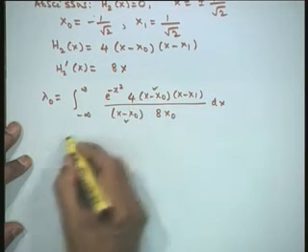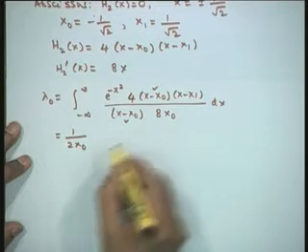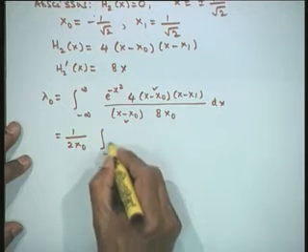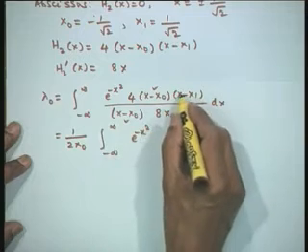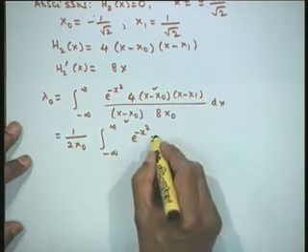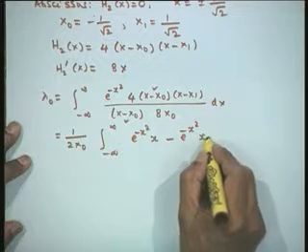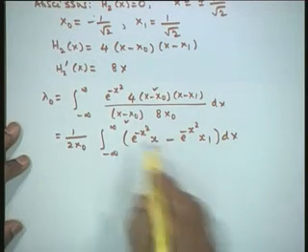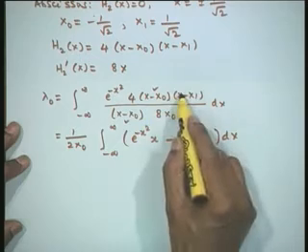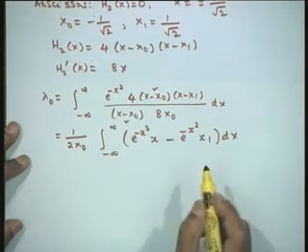Let us take this constant outside. So, I will have 1 upon 2 times x0 coming from here. This is minus infinity to infinity exponential of minus x squared. Let us open it into 2 integrals, x exponential of minus x squared minus x1 exponential of minus x squared, dx.